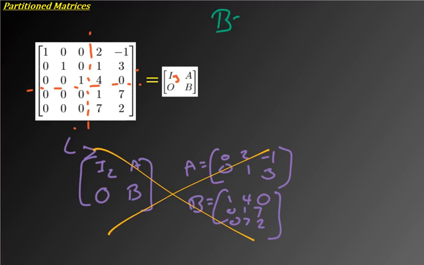And then B here is the 2 by 2 matrix 1, 7, 7, 2. And then A is 2, 1, 4, negative 1, 3, 0. But this is how I would partition it and break it up, because it gives me a really big block of easy stuff to work with, okay?